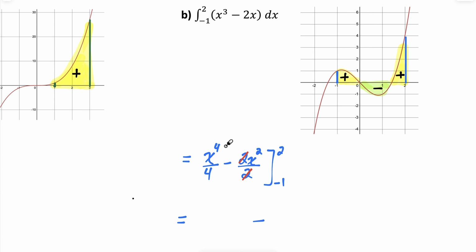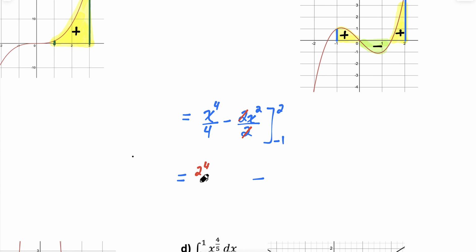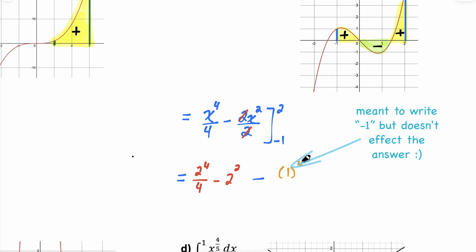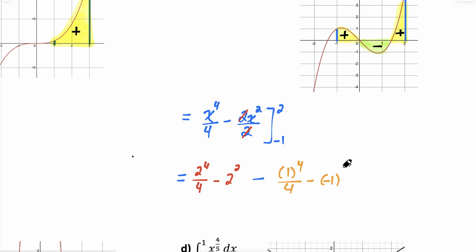So let's start by finding the value of this function when x is 2. That would give me 2 to the 4 over 4 minus 2 squared. And now let me subtract the value of this function when x is negative 1. So I would have negative 1 to the 4 over 4 minus negative 1 squared. I want to subtract that whole value.